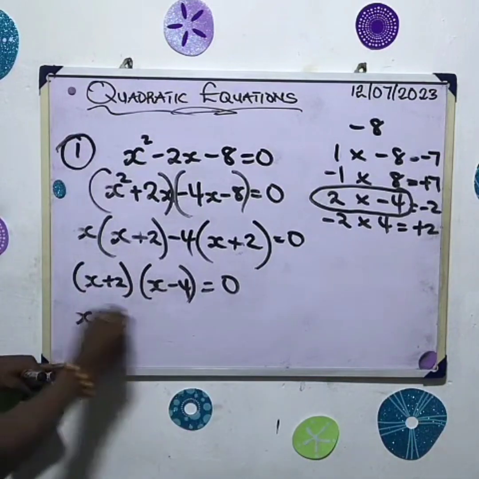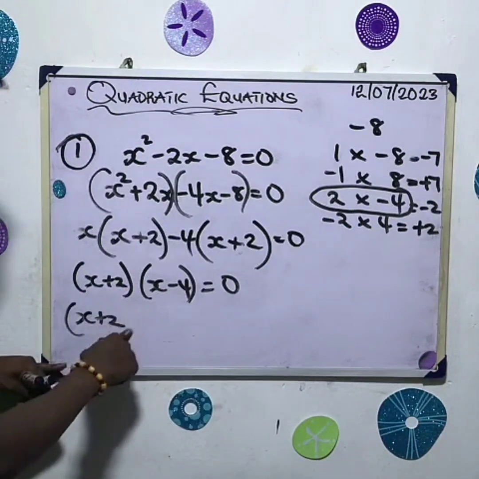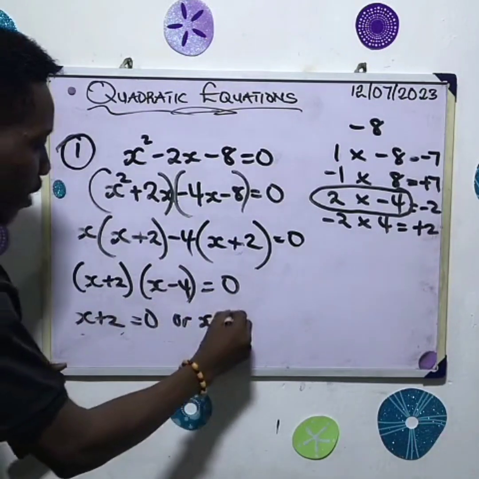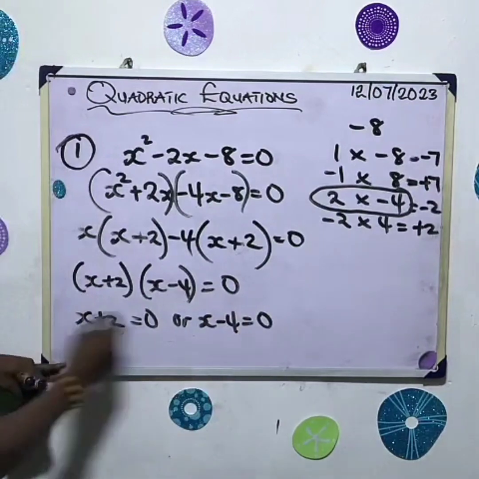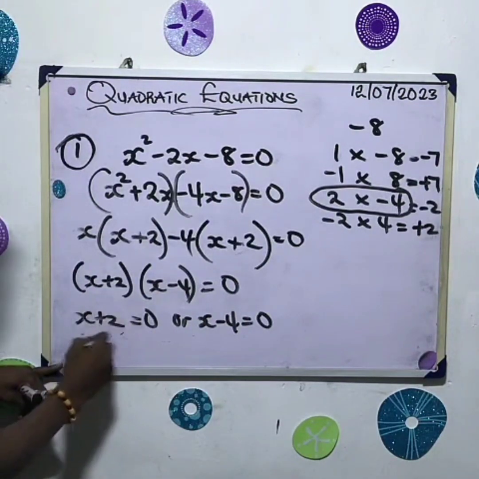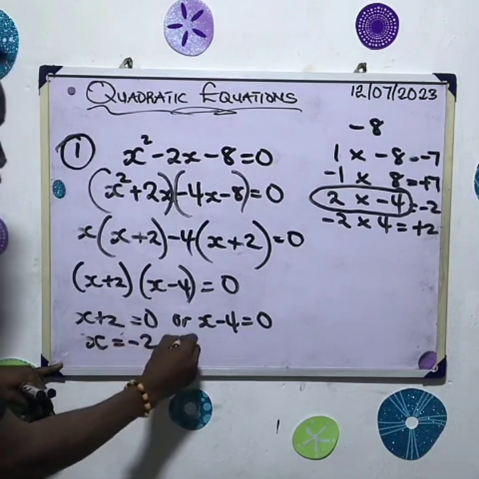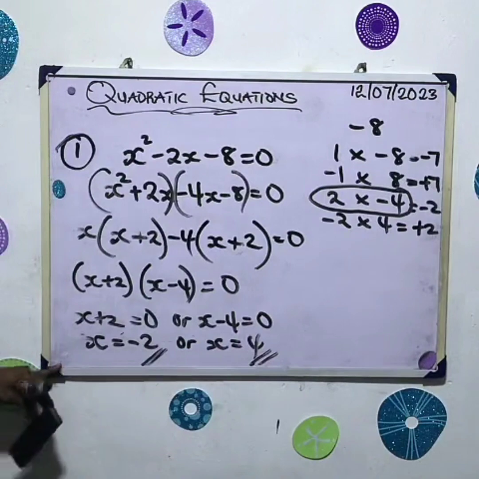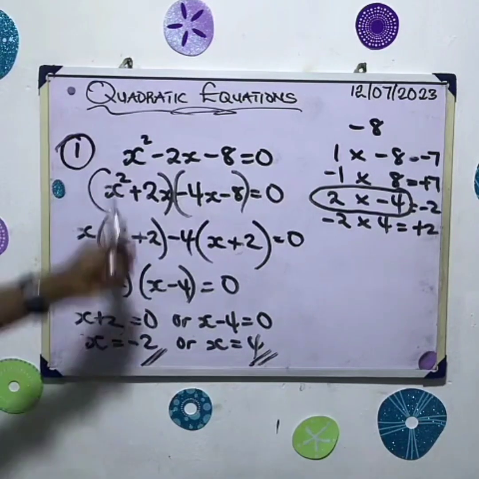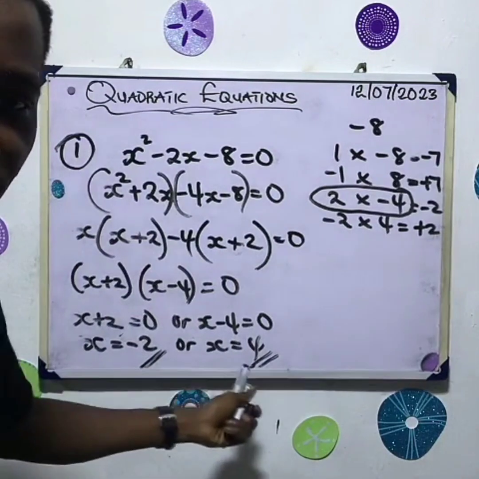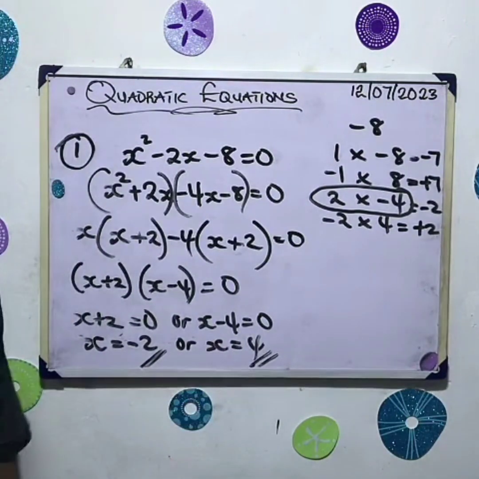So x plus 2 equals 0, or x minus 4 equals 0. Solving this, subtracting 2 from both sides, we're going to have x equals minus 2, or x equals 4. Now those are the two values of x, the two roots of x in this quadratic equation. And that's the solution to this.